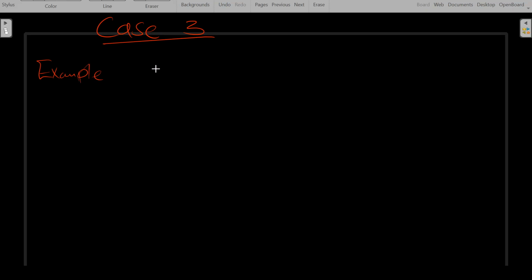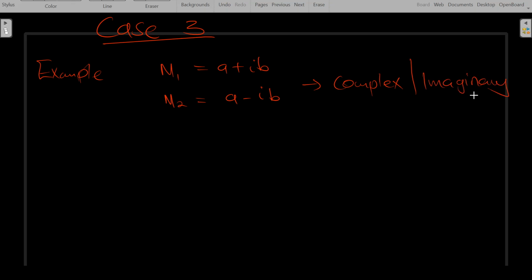So if I compute and I get the root, for example, m1, to be a plus ib, and also I compute m2 and I get that as a minus ib, for example. So these are complex. So what will I call these? So this case will be complex or imaginary roots.